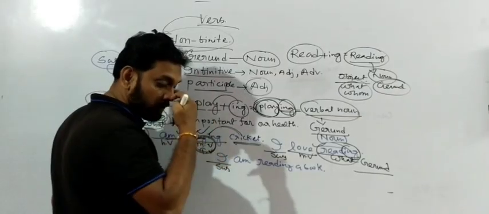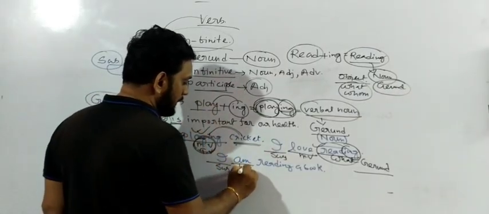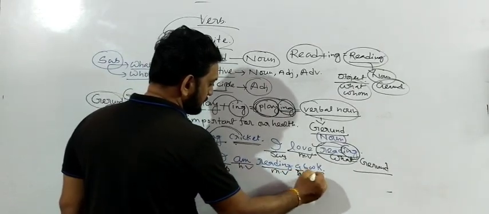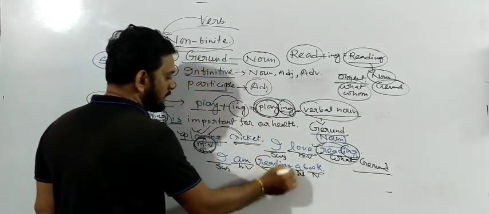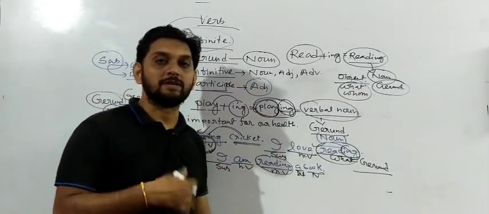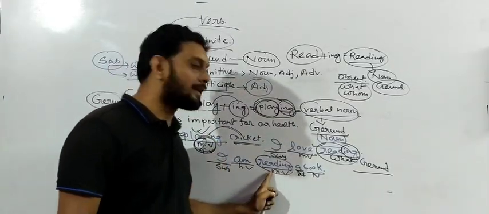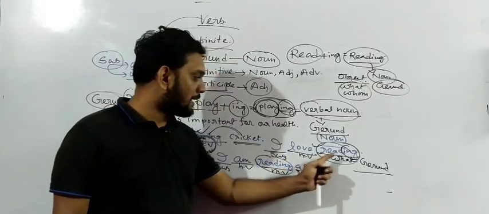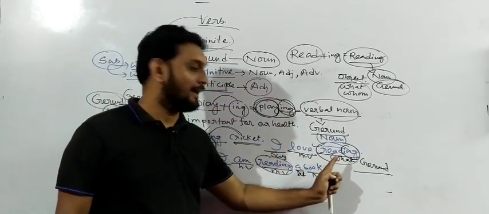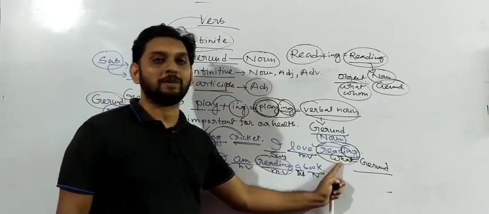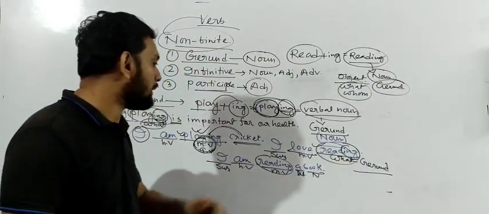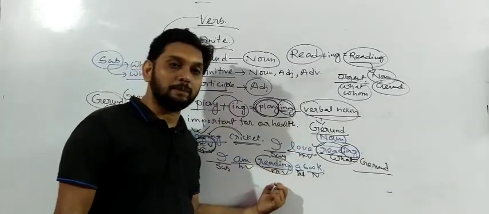The subject is a pronoun, am is the helping verb, and reading is the main verb of this sentence, a is a determiner, and book is the noun. So the subject is doing some action over here. What is the subject doing? The subject is reading a book. So here it acts as the main verb of the sentence. But in the earlier example, reading does not act as a main verb. It acts as a noun form, that means gerund form. So that is the basic and fundamental difference between a gerund and a verb.